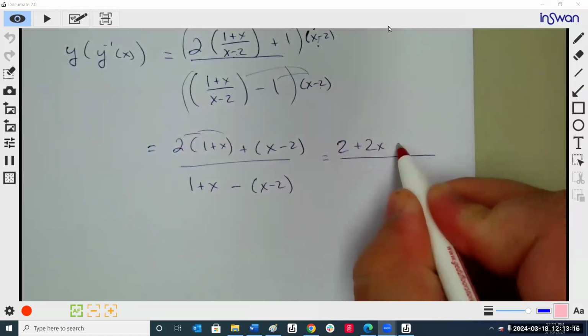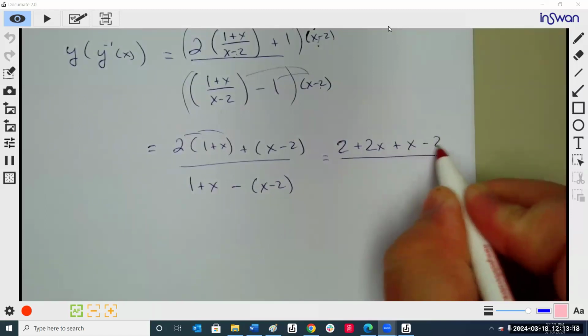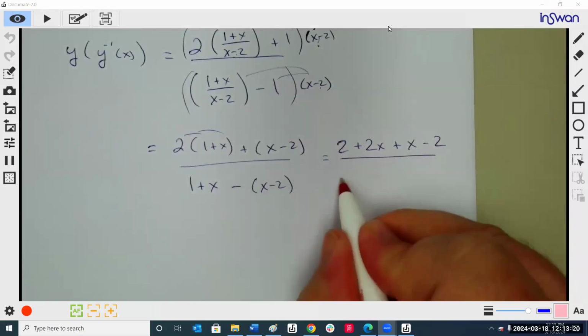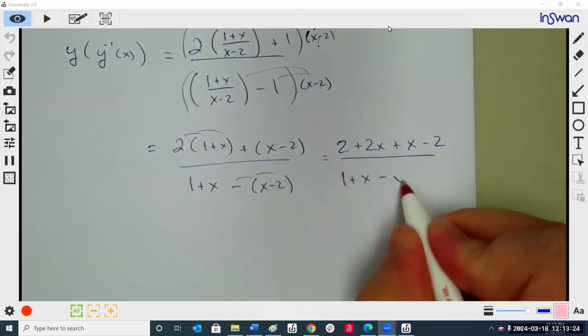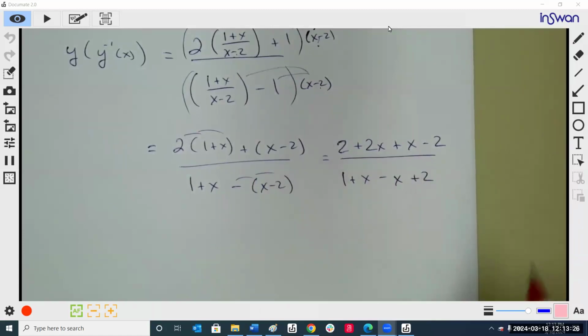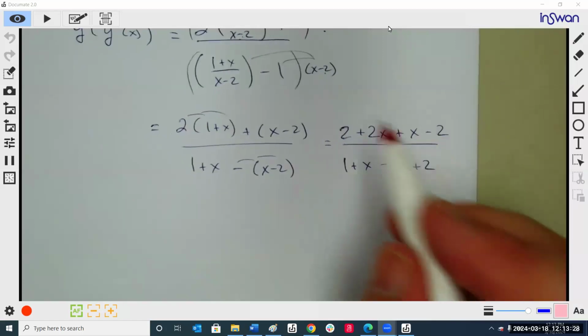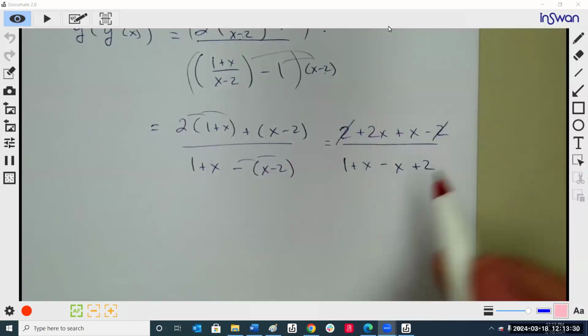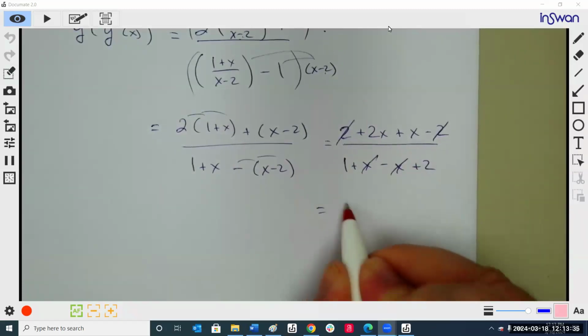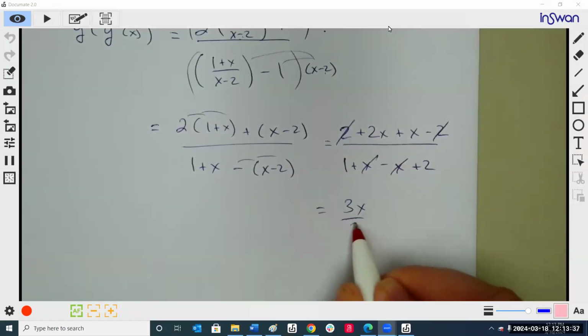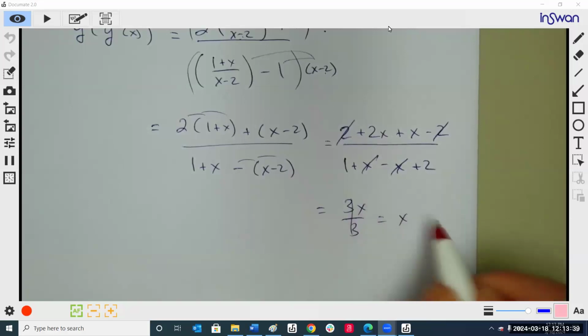Two plus 2x plus x minus 2, over 1 plus x minus x plus 2. The 2, negative 2, x, negative x. So we have 3x over 3. So it works. Those are inverses.